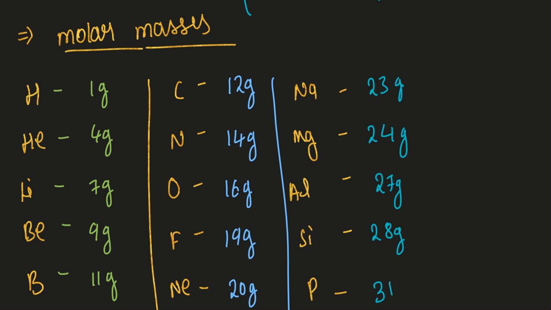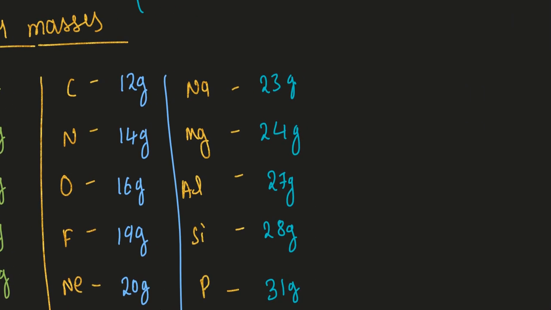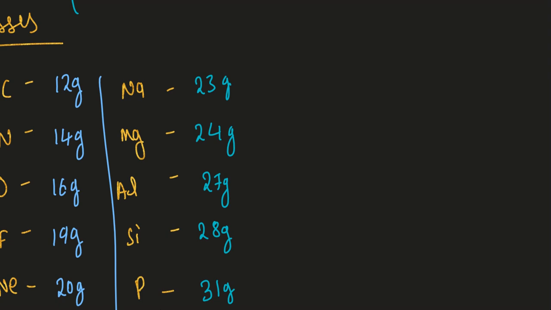Phosphorus 15, 15, 30, but the answer is 31 grams. Right. So let us go with the next one: sulfur, chlorine, argon, potassium, calcium. Let us try to understand here.